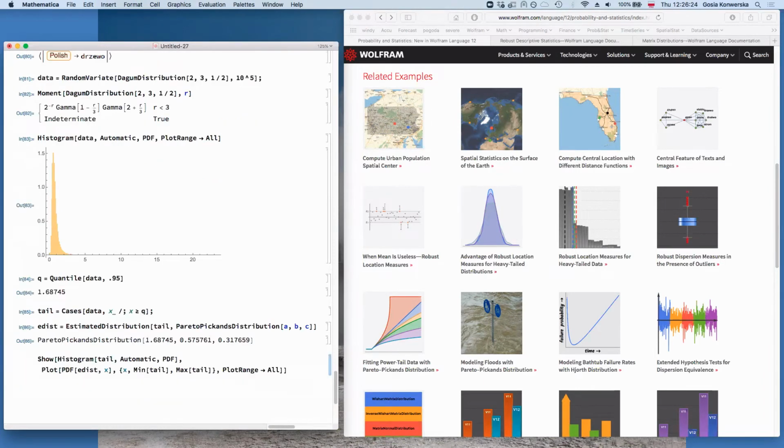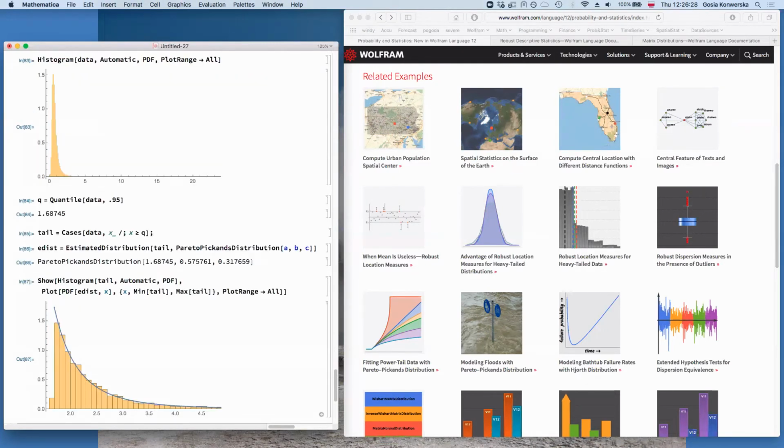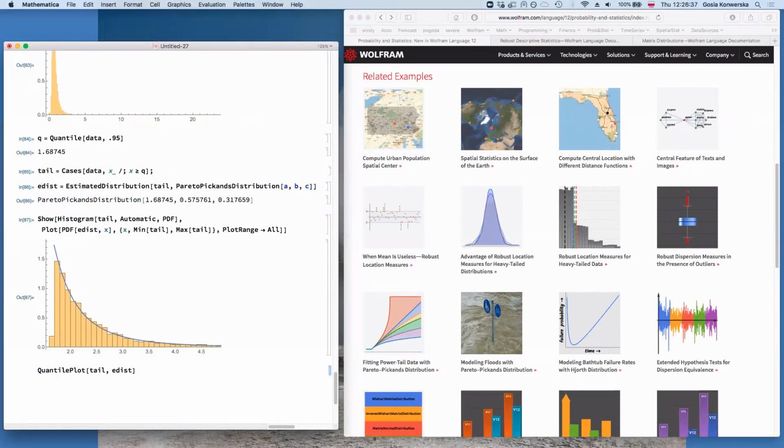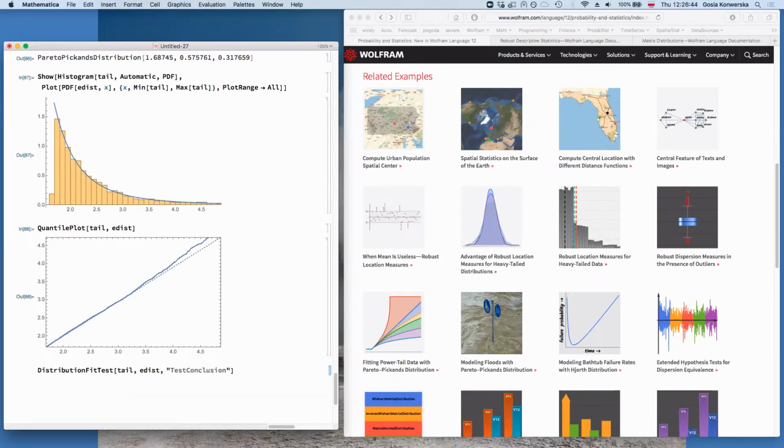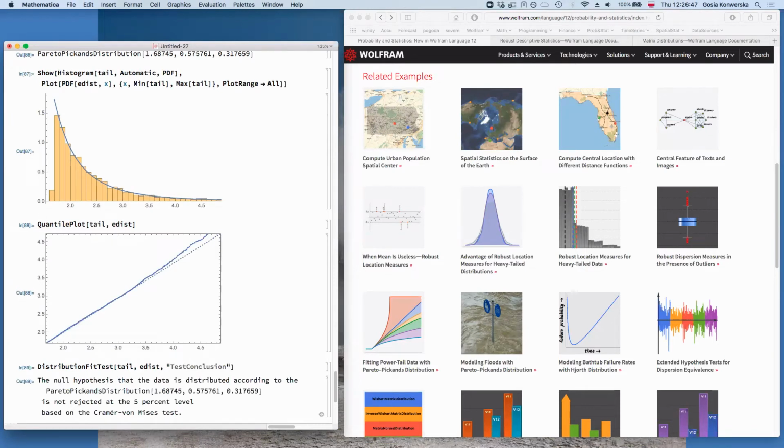One way is to plot a histogram of the tail data against the PDF of the estimated distribution. This gives us some hope and visual confirmation that this is indeed a good fit. Another thing is to use a quantile plot, data against the estimated distribution. Another one is to run the distribution fit test, which tests the goodness of fit, and the conclusion tells us that the hypothesis is not rejected.